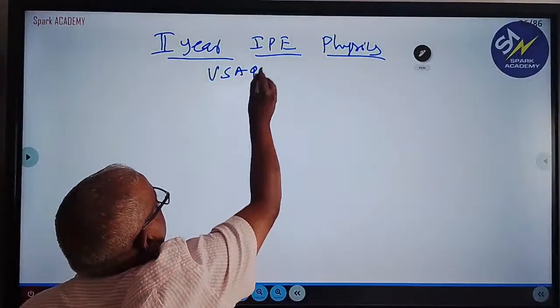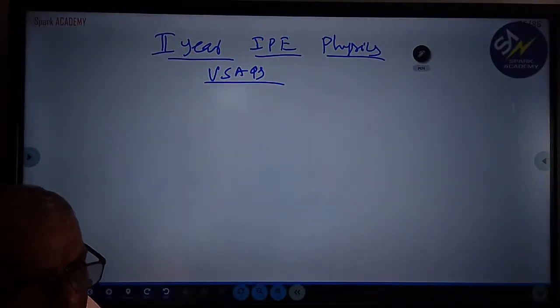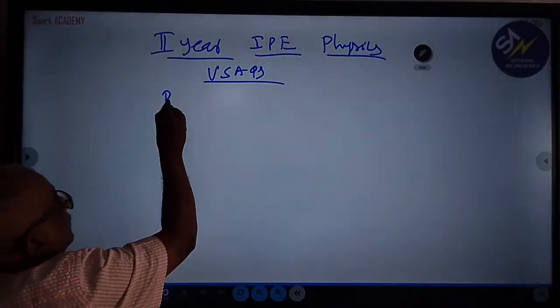VSAQs means very short questions. So according to the blueprint, we have to start with the first chapter, ray optics.